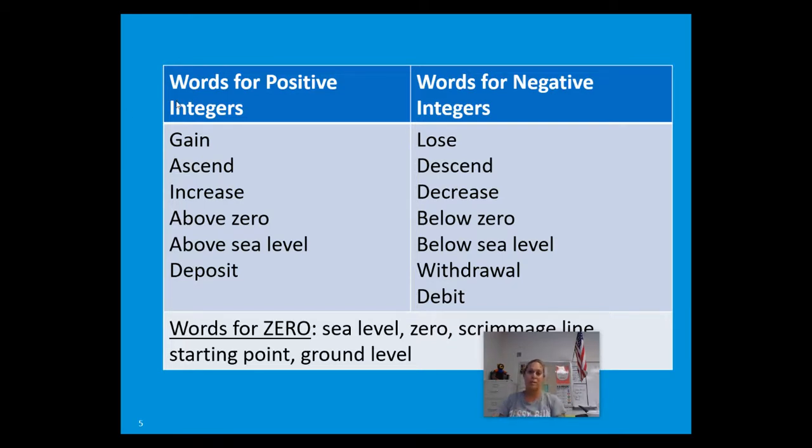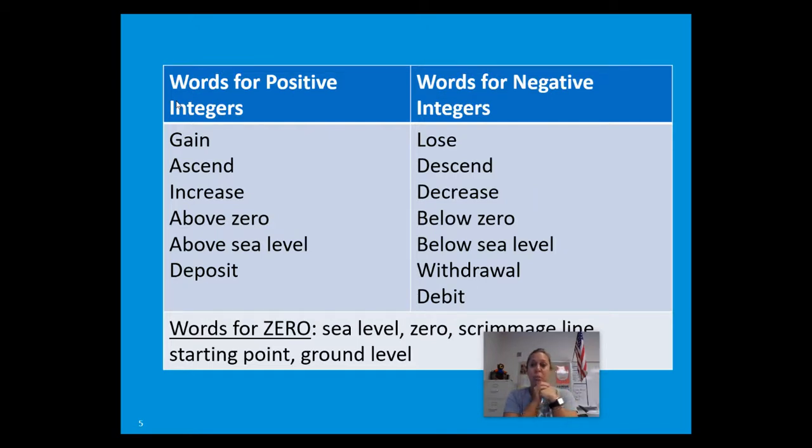If we gain, if we ascend, that's like going up, like your plane when it takes off is ascending, so it's gaining. Increase, above zero, above sea level, and deposit. Those are your positive integers. If I'm depositing money in my bank account, I'm adding money to my bank account.